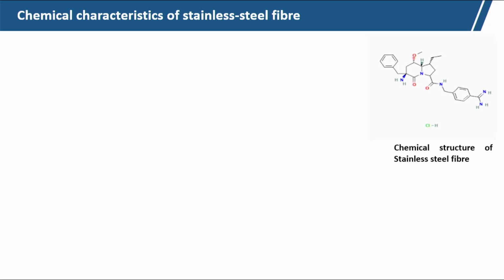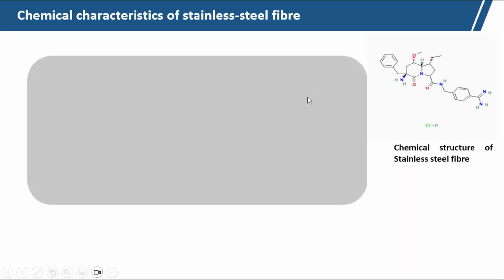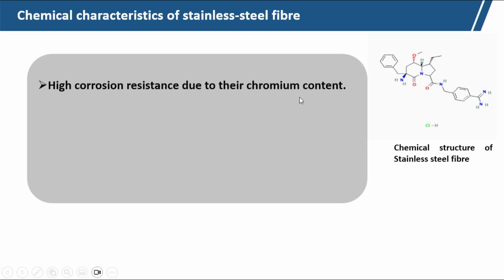Now, let us see the chemical characteristics of stainless steel fiber. This is the chemical structure typically for stainless steel fiber. Here you can see high corrosion resistance due to their chromium content, which is mixed with the steel.